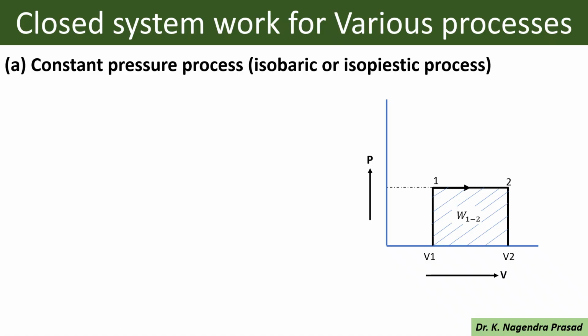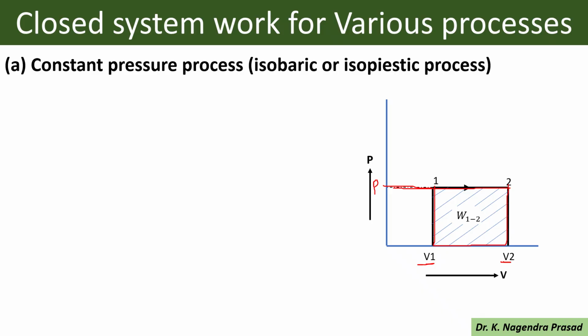In state 1, let's consider the pressure is P and volume is V1. In state 2, volume is V2 but pressure is the same value P, because the process is a constant pressure process, and we know that the area under the PV curve is the work done.